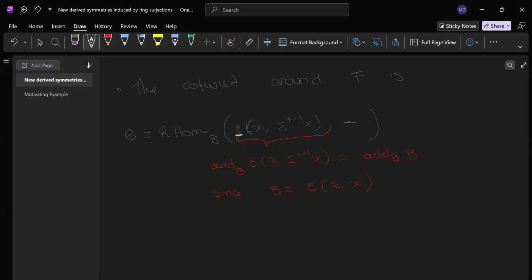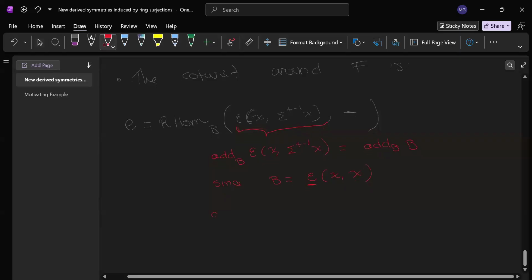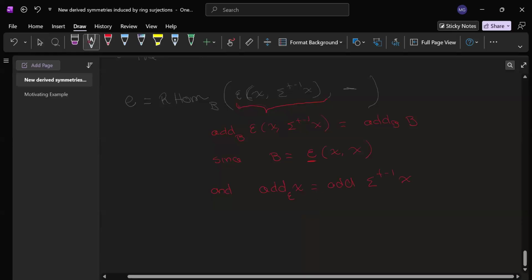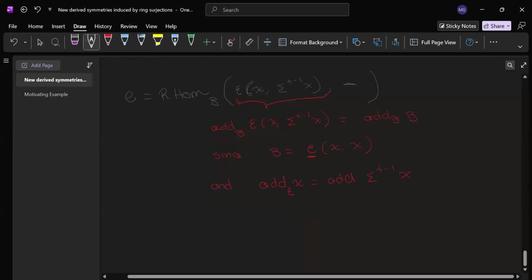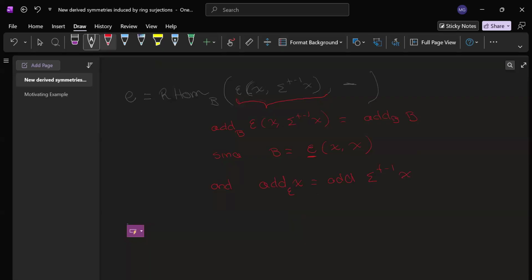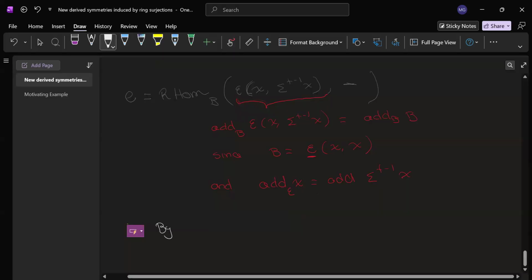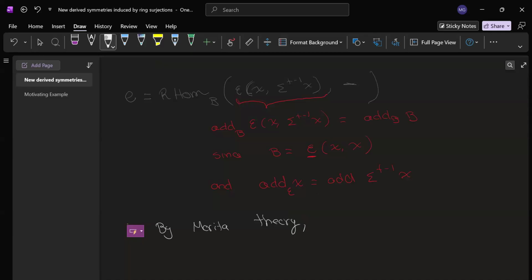This is the stable Hom of X, and we know that add of X is the same as add of the suspension functor applied to X t minus 1 times. Okay, so what this tells us is that by Morita theory, C is also an equivalence.